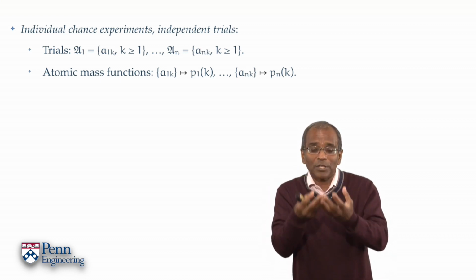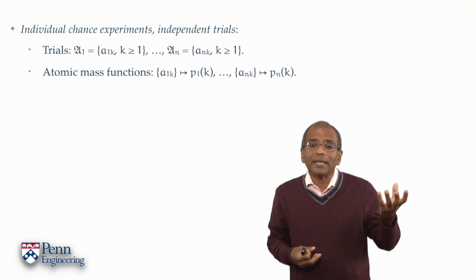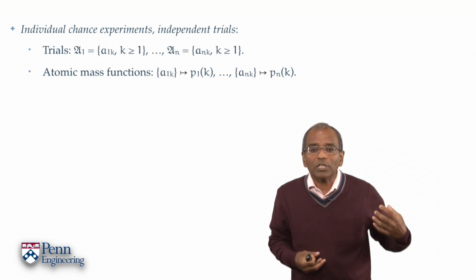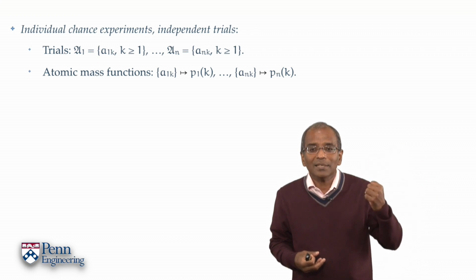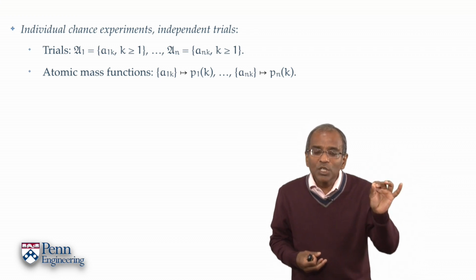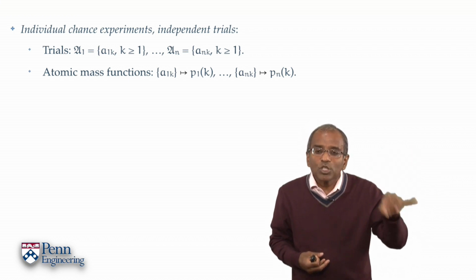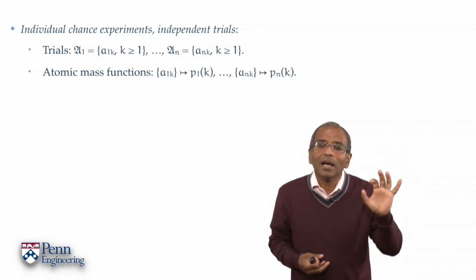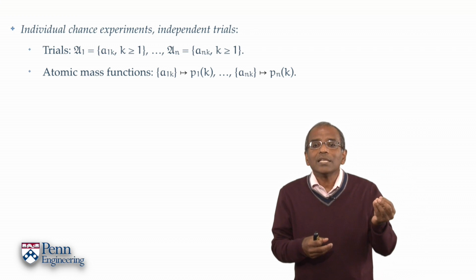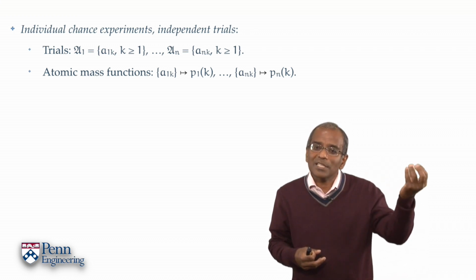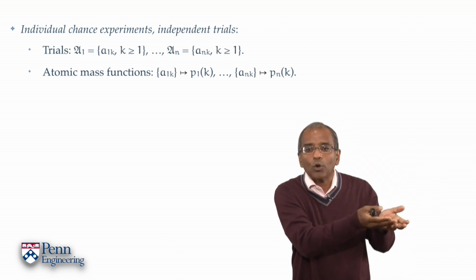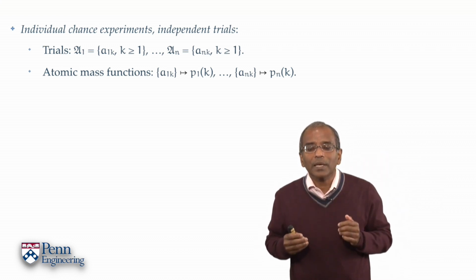Do the same thing for A2, A3, An. For trial n, the space of possible outcomes is Gothic An. The mass function we allocate to each possible outcome, each atom A, trial n, outcome k, is the probability P, subscript n for the trial, argument k, identifying which outcome we are looking at.